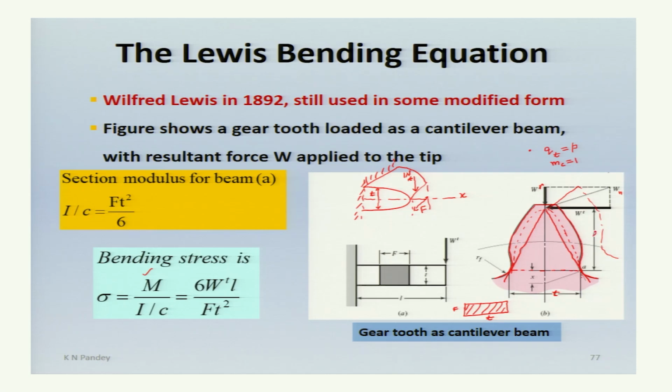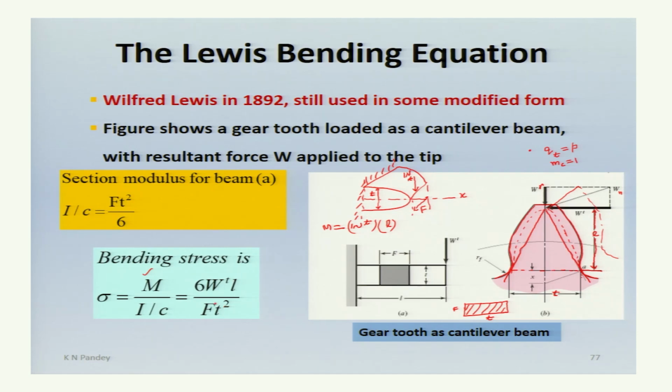Bending arm is L. This height is L. So the bending moment M will be Wt multiplied by this bending arm L. Substituting this value and the section modulus I divided by C, we will get the bending stress, that is 6 Wt L divided by F T square. Okay.